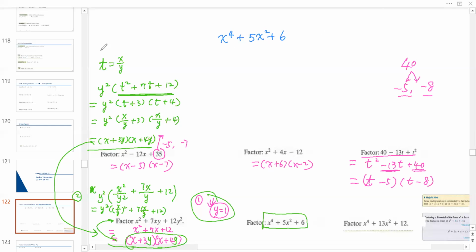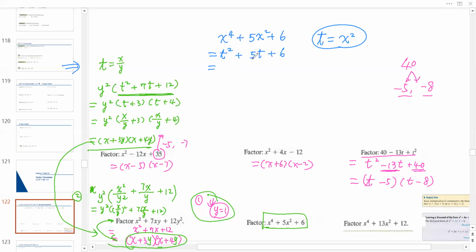The same process as the second method: we introduce another number, say t equal x squared. All right. So this one became t squared plus 5t plus 6. So you can see this makes it way much simplified, right?